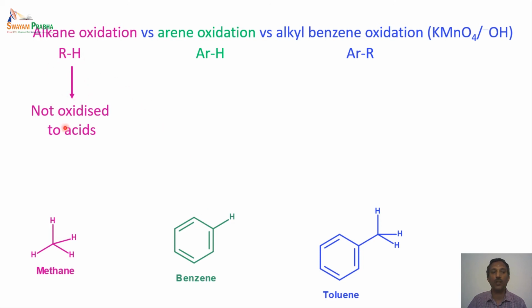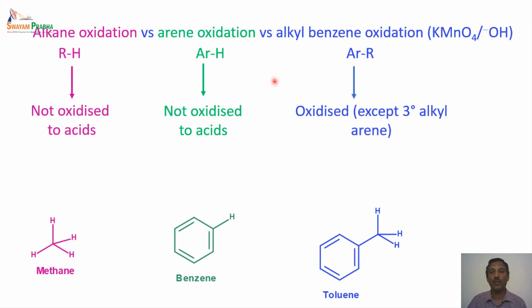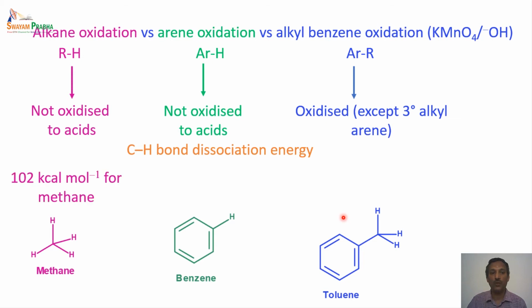Because we already know alkanes cannot be oxidized to acids. Arenes also cannot be oxidized, but alkyl benzenes can be oxidized, except the tertiary alkyl arene; other alkyl benzenes can be oxidized. The reason is the CH bond dissociation energy, because in the previous slide we had seen the benzylic proton is very essential for this reaction to occur.